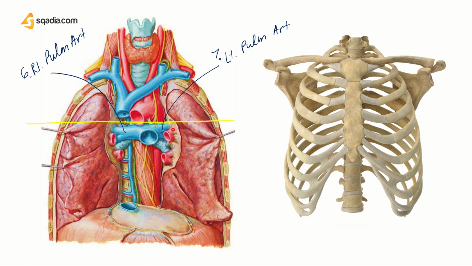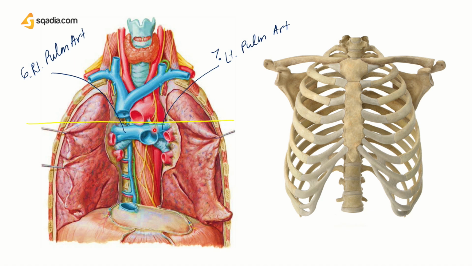But in the heart, those blood vessels that are bringing the blood from the lungs are called veins, even though they're red. So these are the pulmonary veins. And this here is the pulmonary artery. Just remember that.